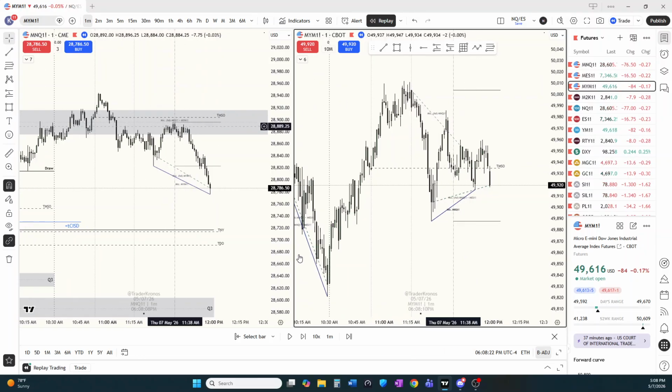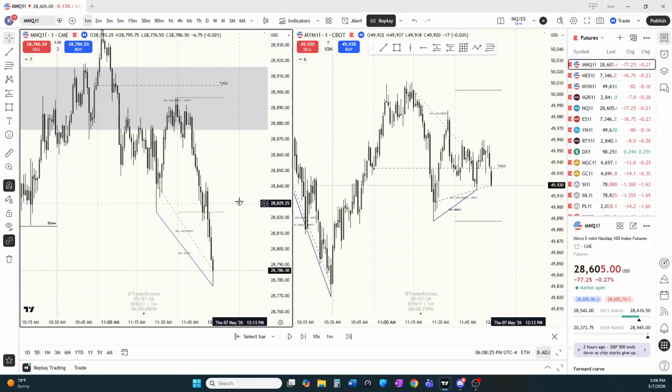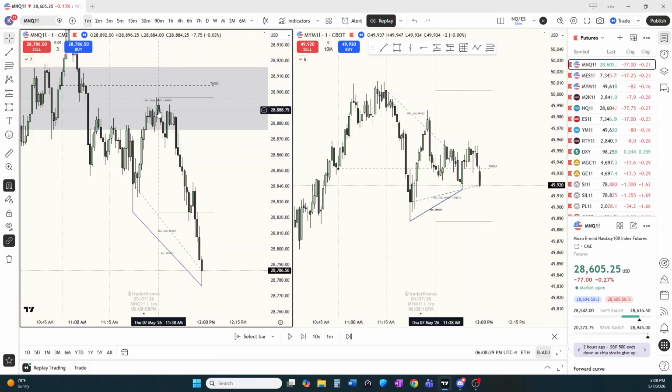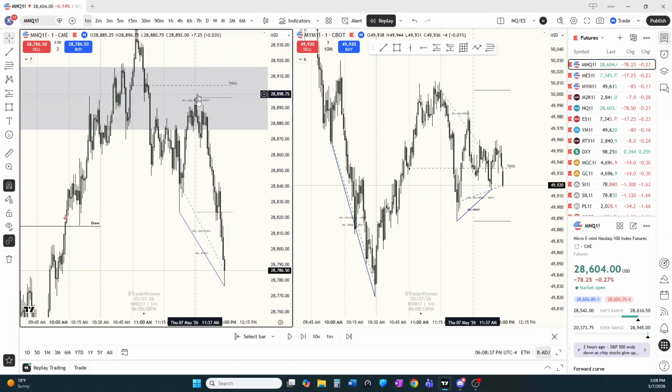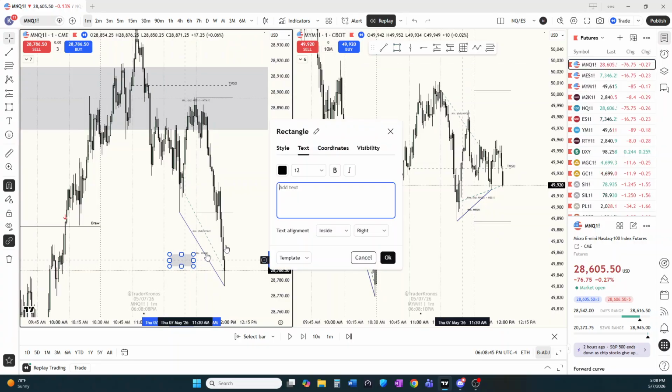We have a micro hidden. Where's this, it's the last closure here. So basically this would be your high, right? Formed in when? Q3.